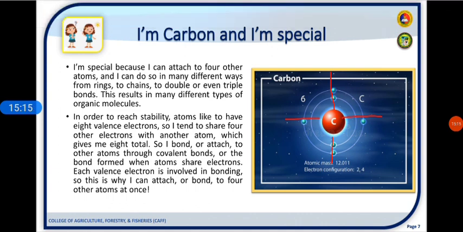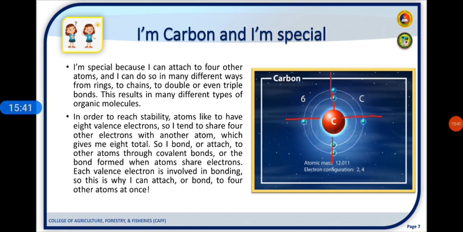The carbon atom attaches to other atoms through covalent bonding. Please read the description of why carbon is a special element in organic chemistry. But in highlight, carbon is special because it always forms 4 single bonds.